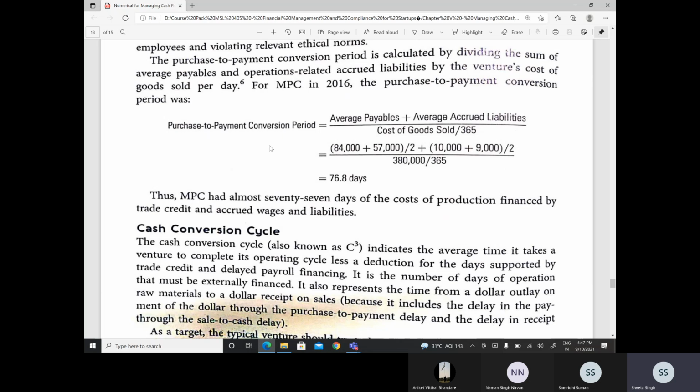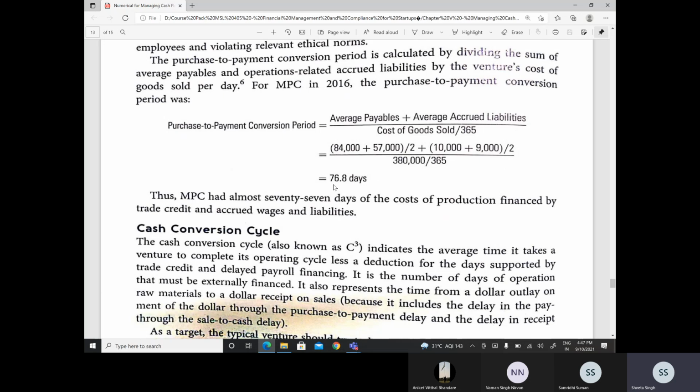For MPC in 2016, the purchase to payment conversion period was average payables plus average accrued liabilities divided by COGS divided by 365, that is daily COGS. So average payables, again you take the 2 years figures divided by 2, plus average accrued liabilities, the opening and closing divided by 2, upon 380,000 of COGS divided by 365.